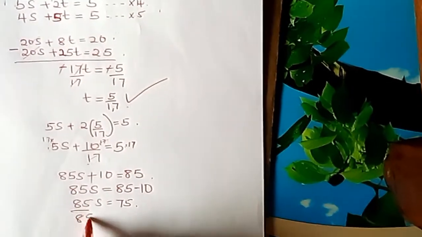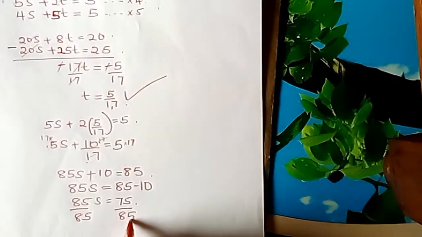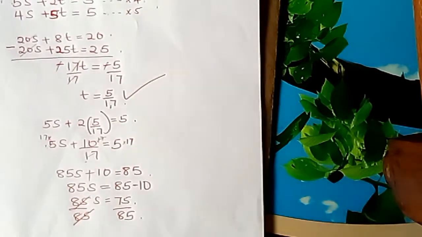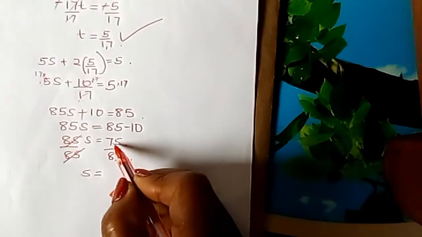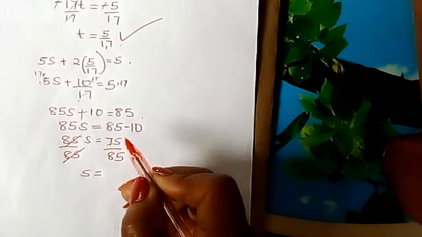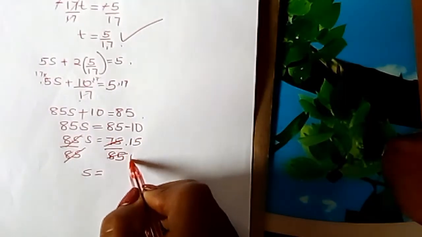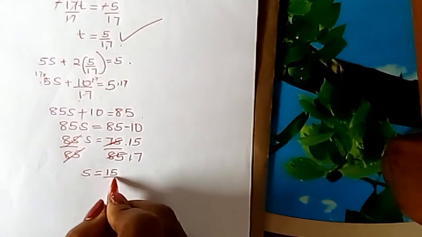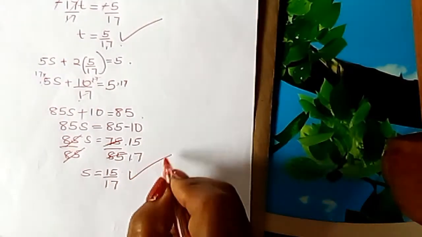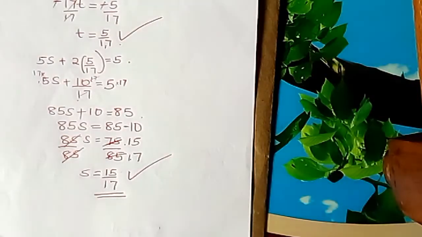To get s, you just divide like that. So this cancels out. What is your s, Lana? Simplify this by 5, by 5: 15, and 17. Therefore your s, Lana, is 15 over 17. That is the value of s.